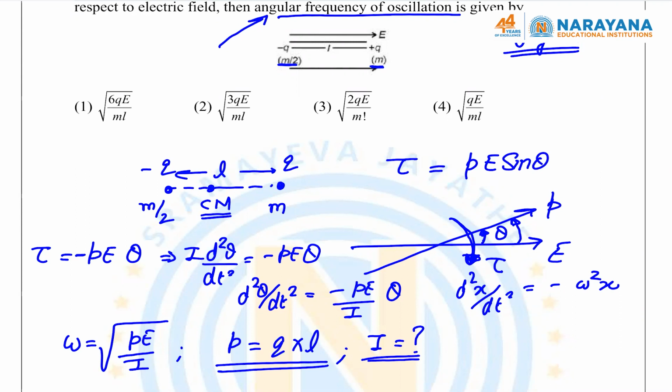So it is likely that the student may make a mistake and calculate the moment of inertia about the center, but it is to be calculated about the center of mass.